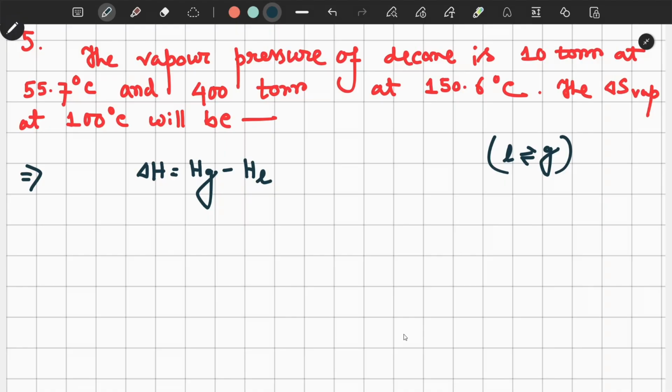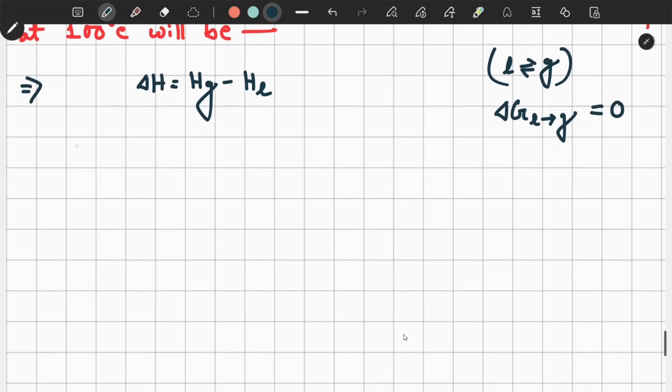And for liquid to gas, what will be the delta G? This liquid to gas phase transition, because this is a phase transition. At phase transition, this is 0. Now it is straightforward.